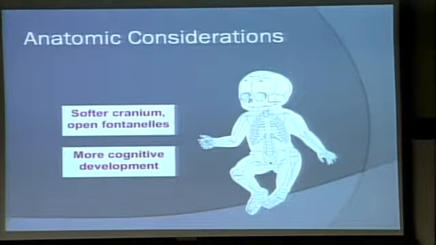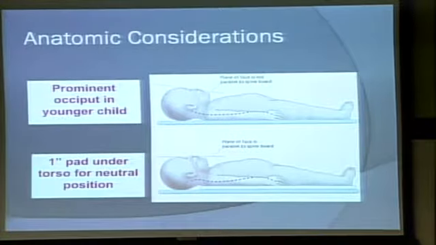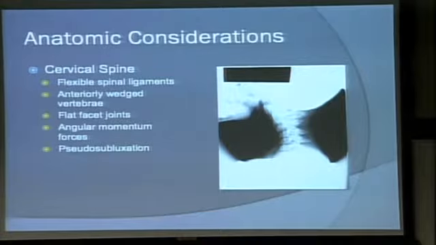More cognitive development to come. Prominent occiput in a little kid, so you have to put a pad under their shoulders in order to get the plane of the face parallel to the spine board, and you often need a jaw thrust to get that airway open.